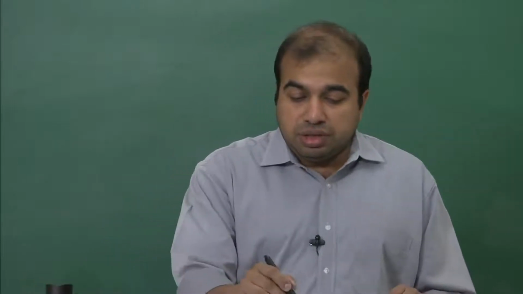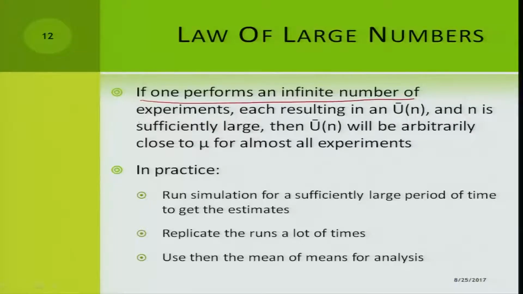So the idea is this: if one performs an infinite number of experiments. If you remember we talked yesterday, here the experiment is, let's say, tossing a coin. Your sample space is you can get a head or a tail.